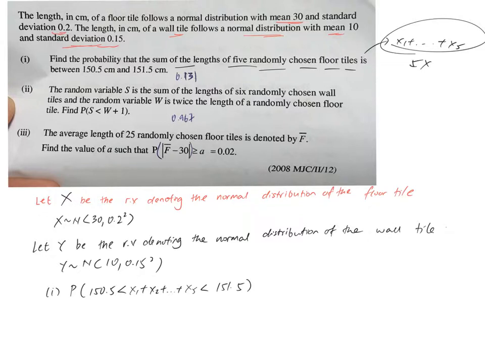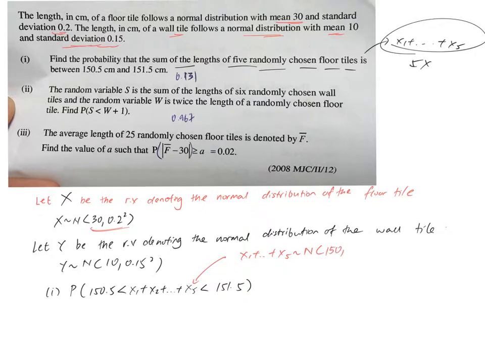All right. So this is the inequality whose probability we're finding, and what you should do is go to the side and find out what X1 plus up to X5 is, and do your math. You calculate the sum of the means and the variances. Using this, you should have 30 times 5, so you should have 150.